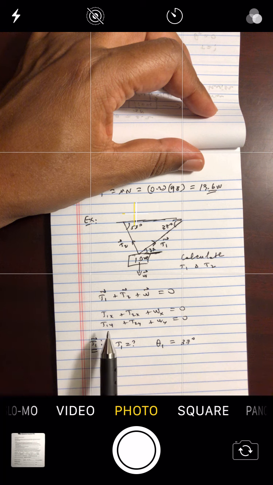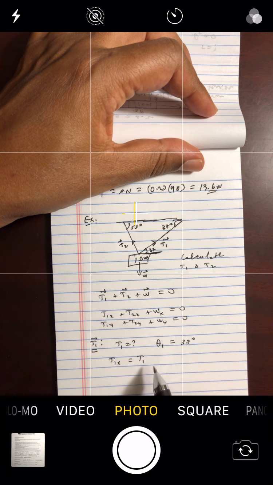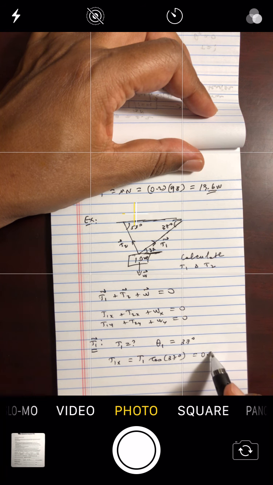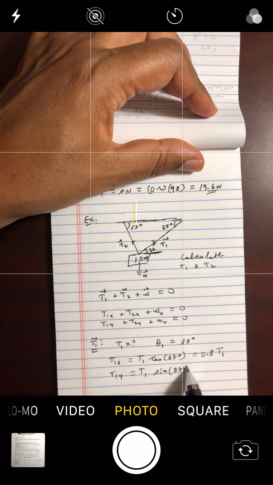So let's find out T1x and T1y. T1x is the magnitude T1 times cosine of 37 degrees. Cosine of 37 is 0.8, so this becomes 0.8 times the unknown force T1. And then T1y is the magnitude T1 times the sine of 37 degrees.